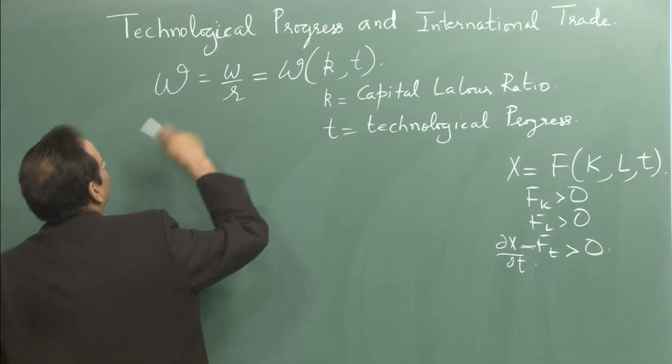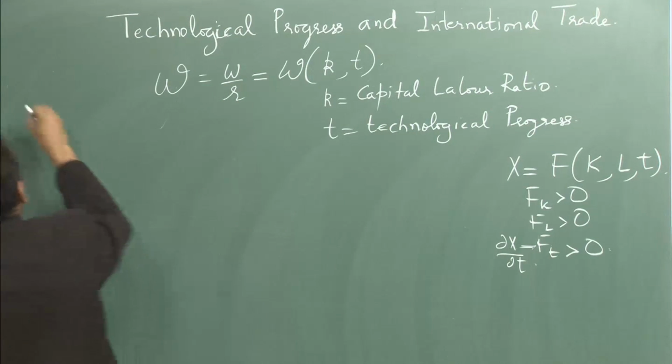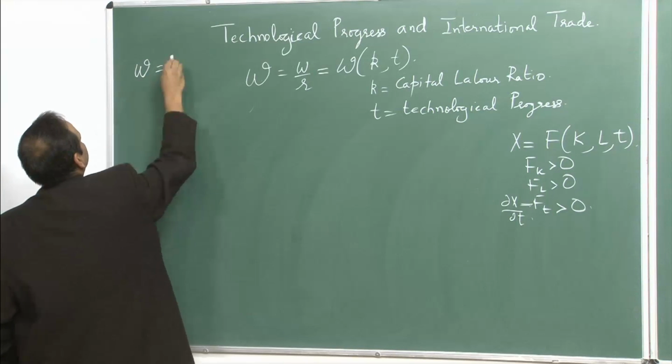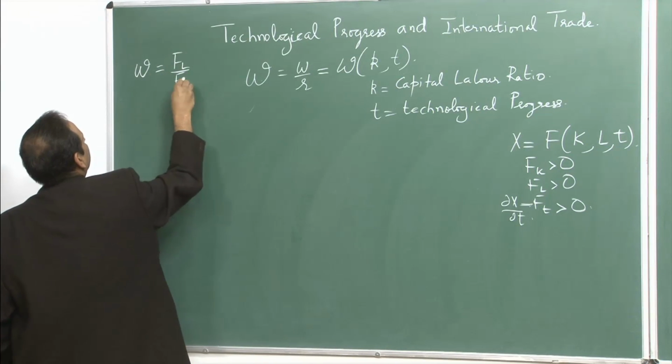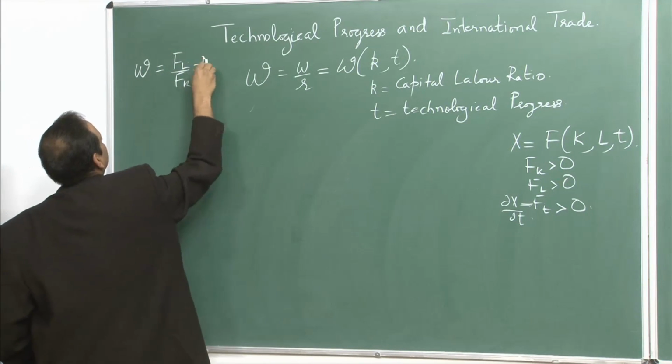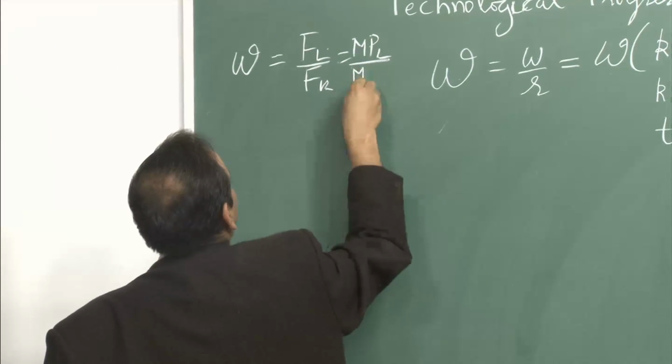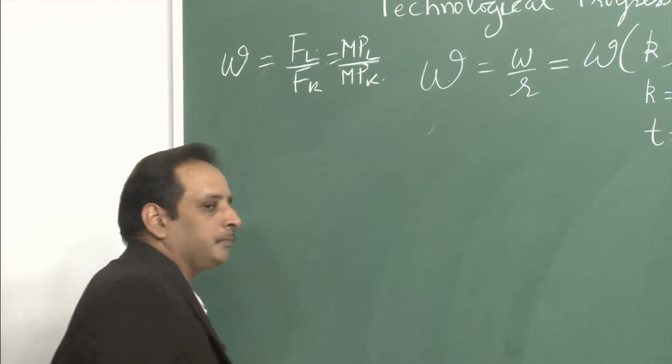Omega is W by R, and we saw at equilibrium omega is equal to Fl by Fk, where Fl is the marginal productivity of labor and Fk is the marginal productivity of capital.